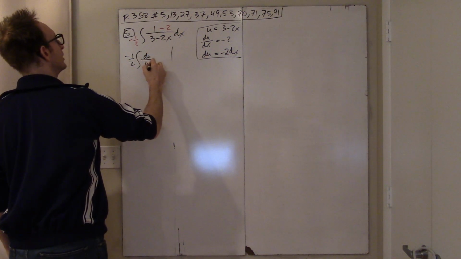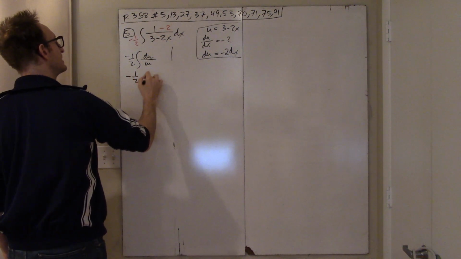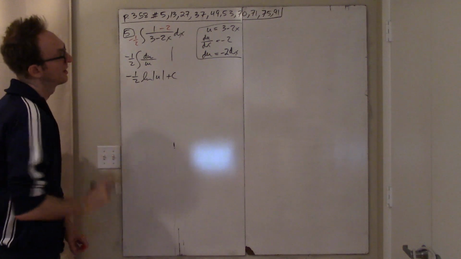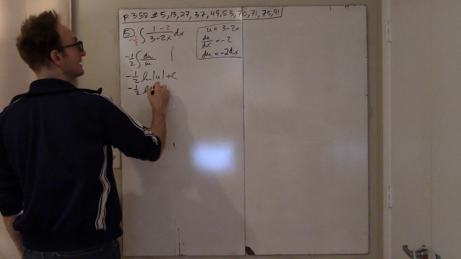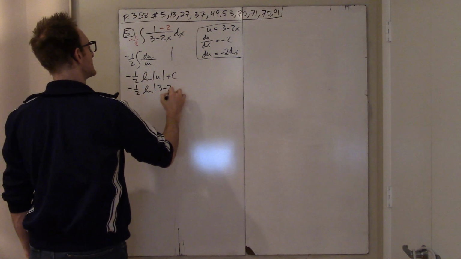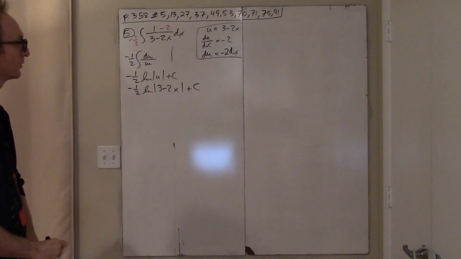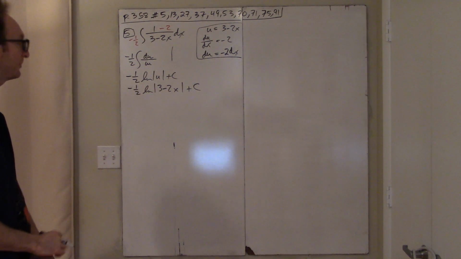du over u. Why was that a good idea? Because now that's ln u, so this whole thing becomes negative 1/2 ln absolute value u plus c, or the real answer is negative 1/2 ln absolute value 3 minus 2x. Okay, of course, most people won't leave it like this. They will get fancy, and they will pop that negative 1/2 up.